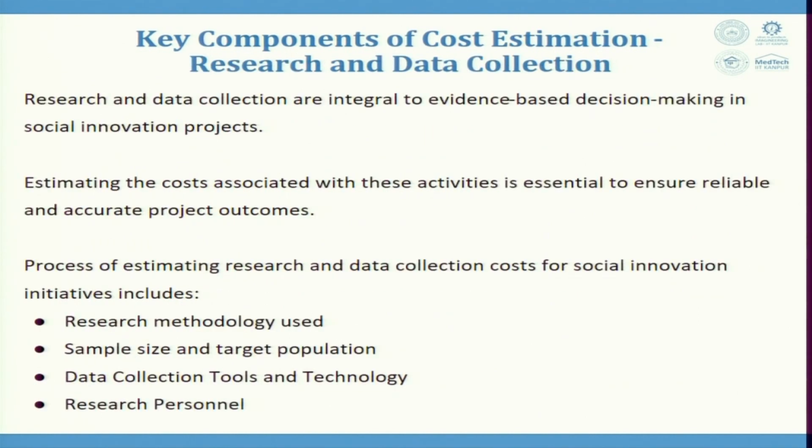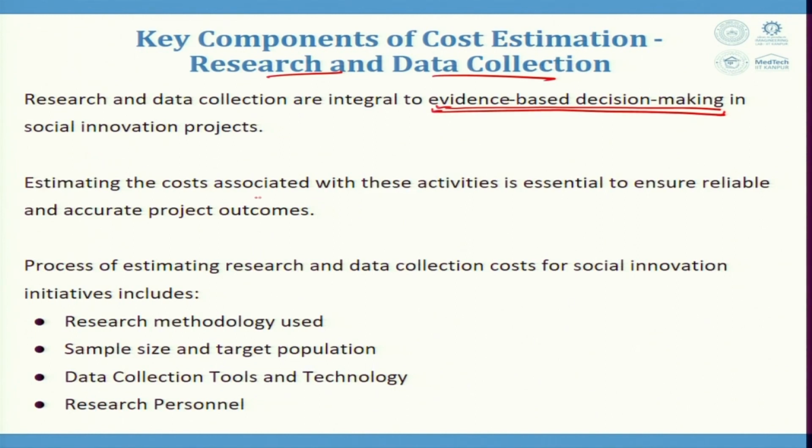Then comes the research and data collection. Research and data collection are integral to evidence based decision making. That means an educated or knowledgeable decision is to be taken on whether to come up with this innovation, who the target customers are, and what the target number for this kind of innovation is.